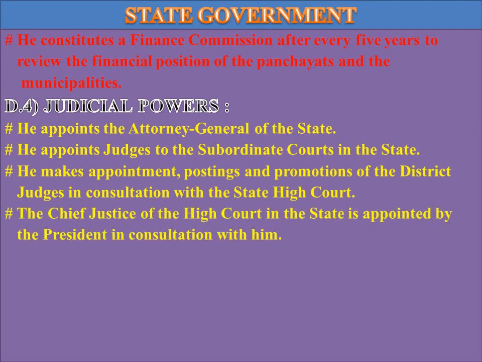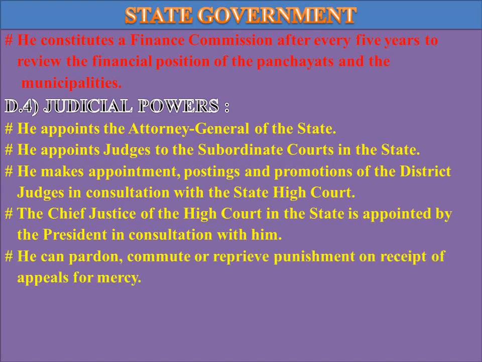The next judicial power is that the chief justice of the high court in the state is appointed by the president in consultation with him. The last one is he can pardon, commute or reprieve punishment or receive appeals for mercy, except death sentences.